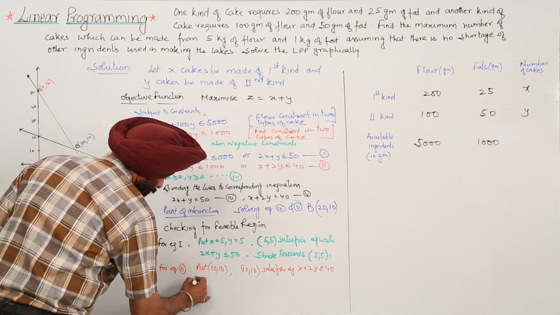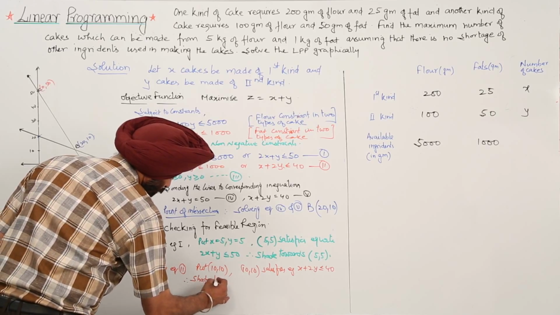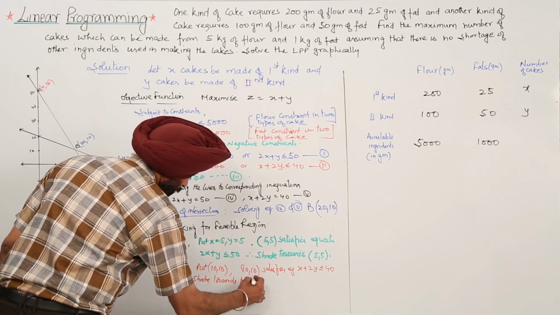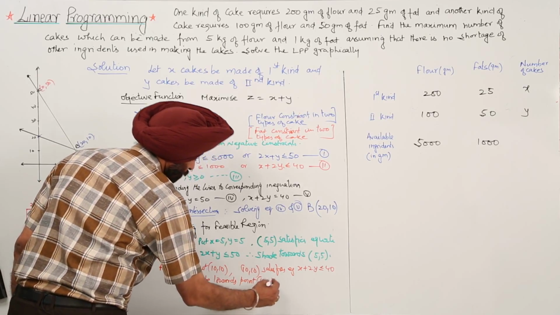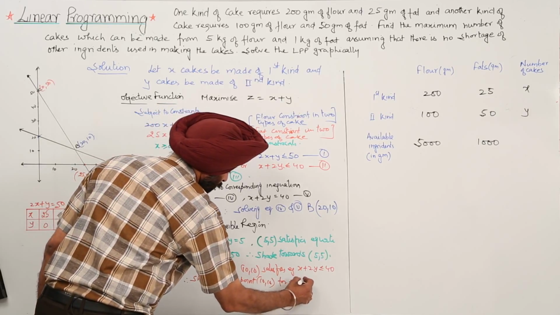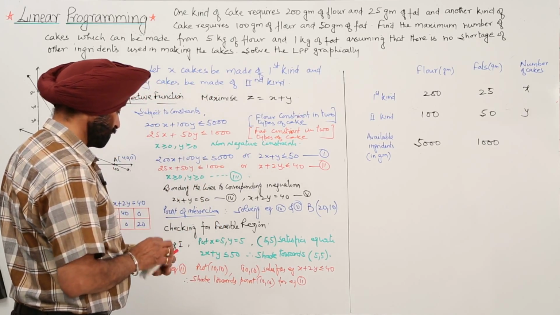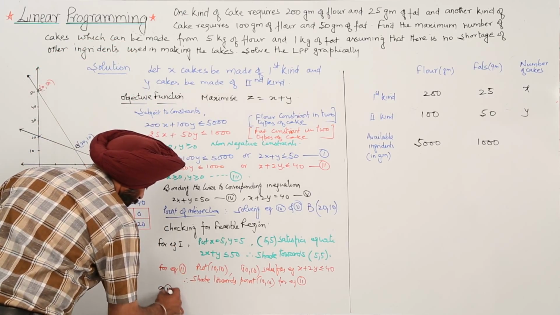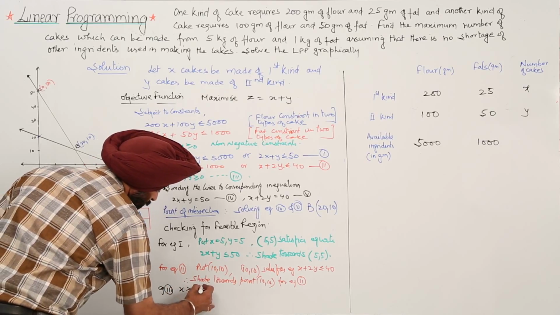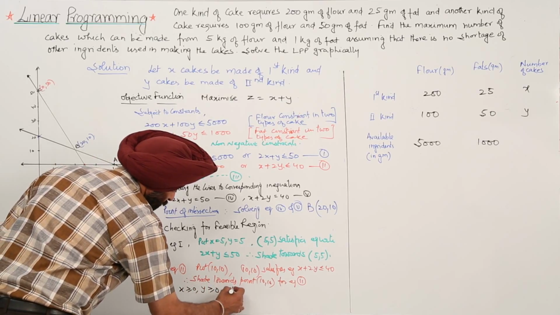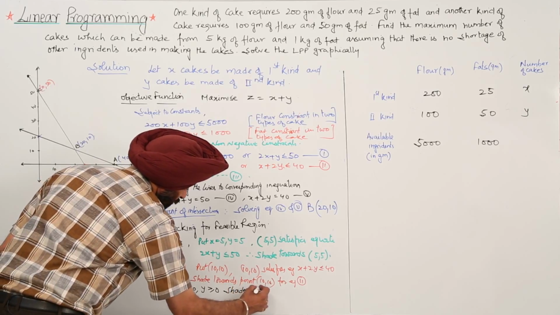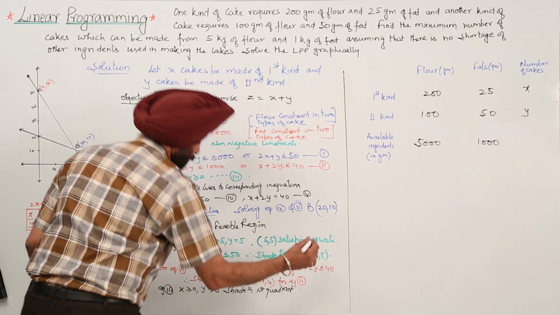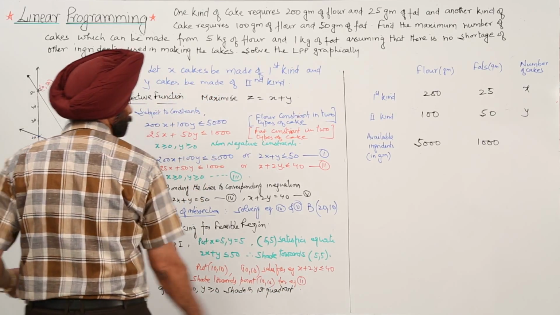Therefore shade towards point 10 comma 10 for equation 2. And the most important is equation 3, x is greater than 0, y is greater than 0, shade in first quadrant. Is it clear?